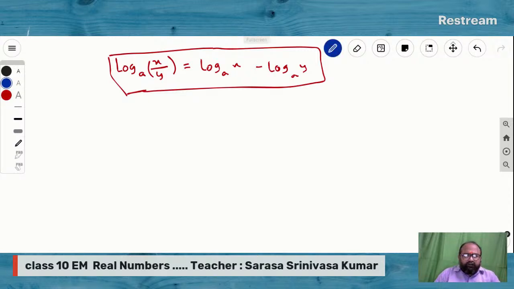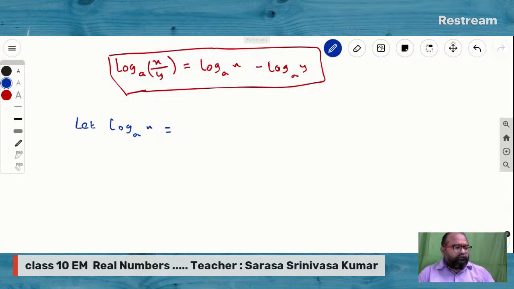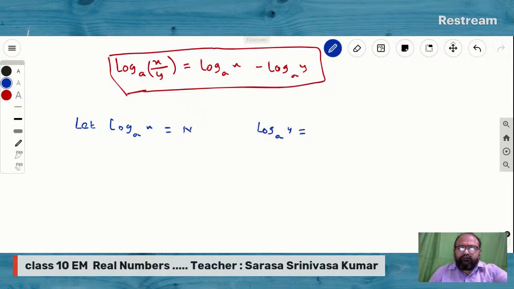So let us assume that log x base a equal to n and log y base a equal to m.